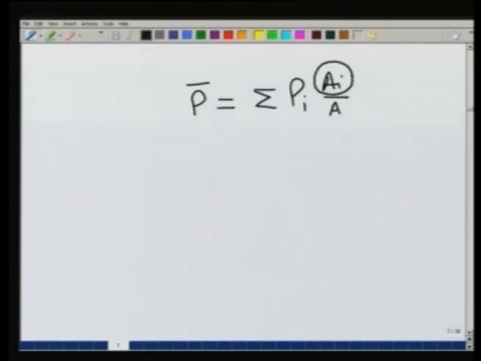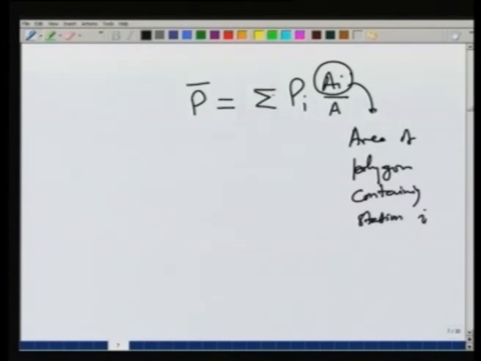This A I is the area of polygon containing I. And I again will go from 1 to n. A is the total area and of course, summation of all the areas has to be equal to A.